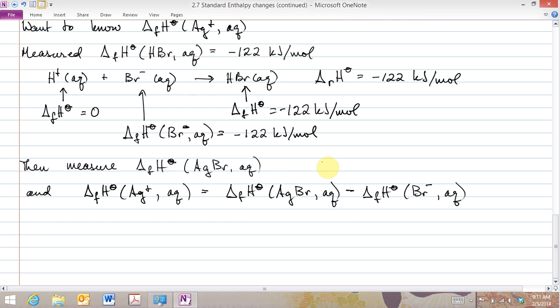And to illustrate how I got this equation, well, let's consider the sum of the two ions to make the ionic compound.